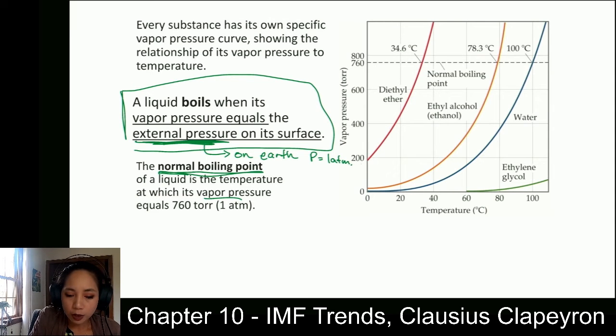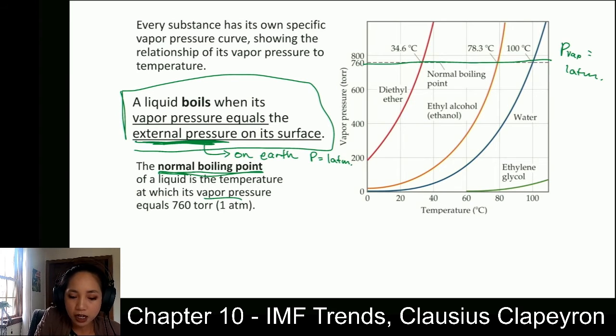Whether we're talking about ether, ethanol, or water, if we look at those specific relationships between vapor pressure and temperature, we see that they look different. They have different steepnesses, and all of them achieve 760 torr, that is, P vap equals 1 atmosphere, at different temperatures.